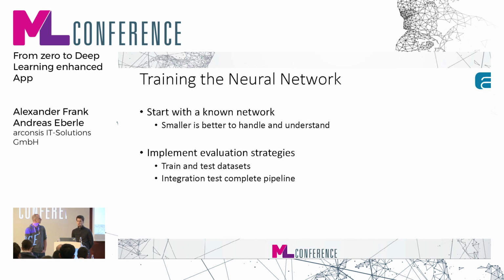You probably have already heard or known before that you need a train and a test set for training neural networks, to see if it starts overfitting. So you only train on the train set, and then you evaluate on the test set to see if it really transfers the learning, if it learns some abstractions.